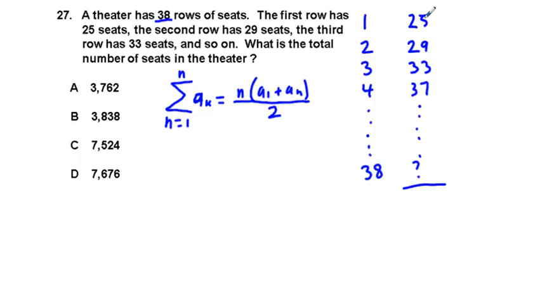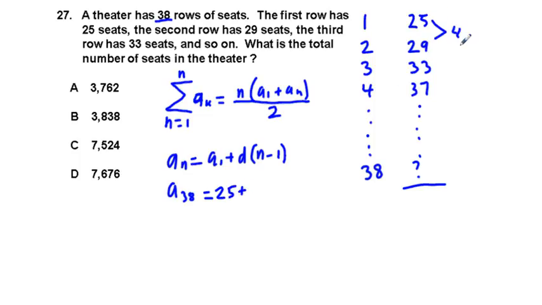Well, there's a formula for finding that last term, which is a sub n equals a sub 1 plus your common difference times n minus 1. In this case, if we want to find the 38th row, a sub 38 is equal to our first term, which is 25, plus our common difference.